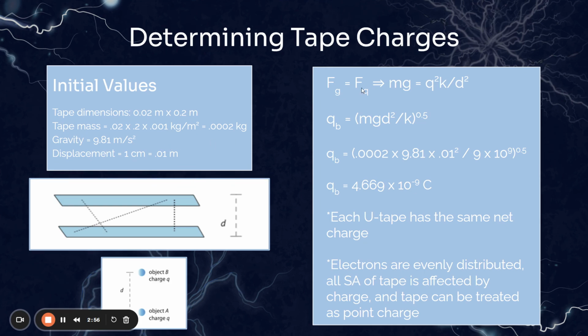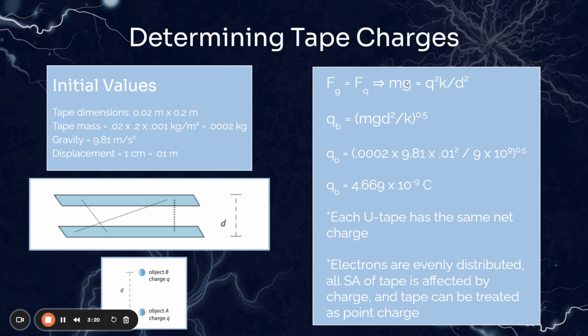Using the two force equations, Coulomb's law and the gravitational force equation, and setting them equal to each other, which we did because the object was floating, so these forces must have been equal, and solving for the charge, we got that the charge was 4.669 times 10 to the negative 9 coulombs.